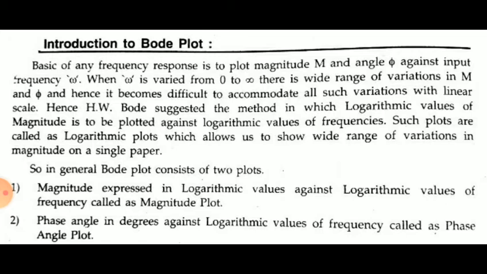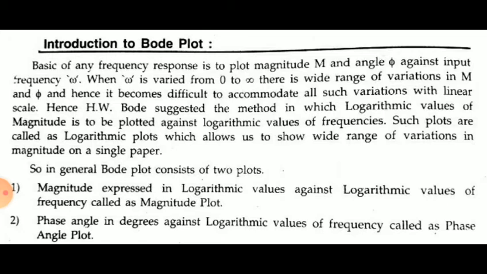Hence, H.W. Bode suggested the method in which logarithmic values of magnitude are plotted against logarithmic values of frequencies. Such plots are called logarithmic plots, which allow us to show a wide range of variations in magnitude on a single paper.